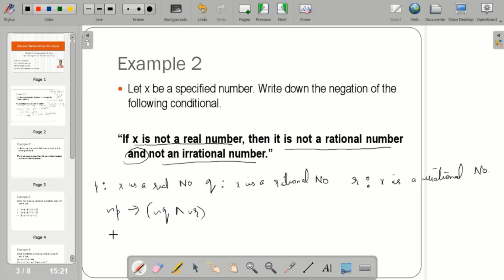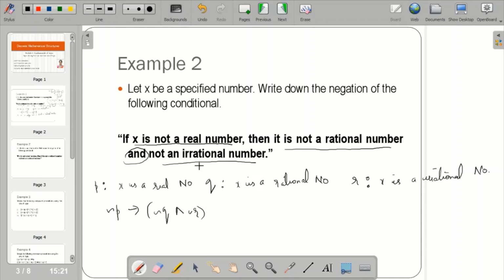So this is in terms of the statement over here. This is what is given. Negation of p means if x is not a real number, then it is not a rational number and not an irrational number. So this is how we are going to give the negation p, conditional, negation q, conditional, and negation r.